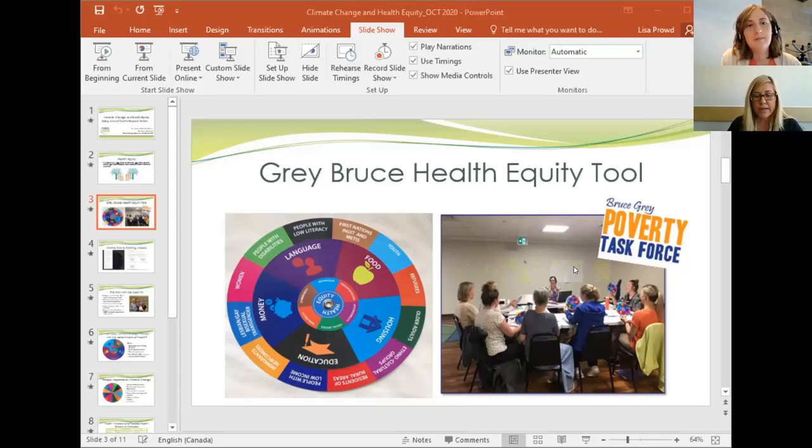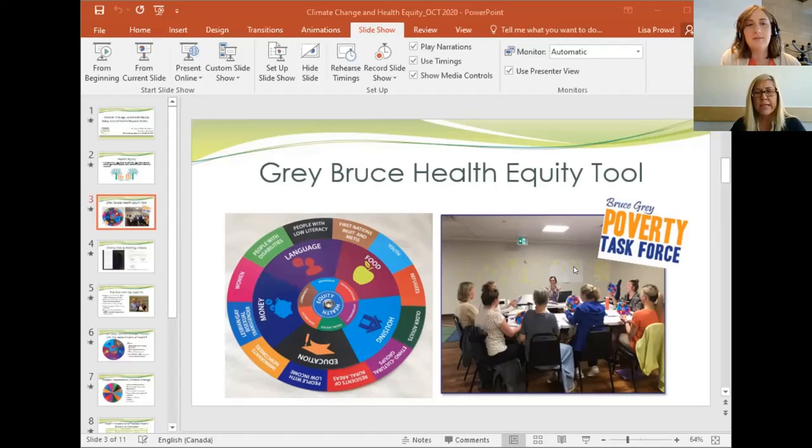We also recognized at the time that many organizations were being required to implement health equity approaches into program and service planning in order to provide quality care and improve health outcomes.